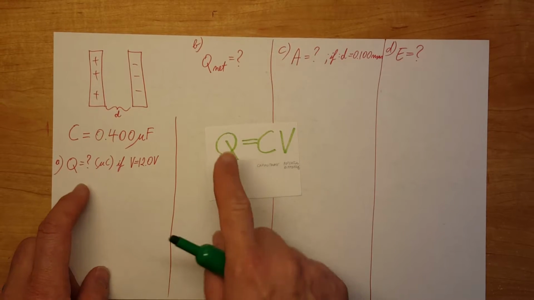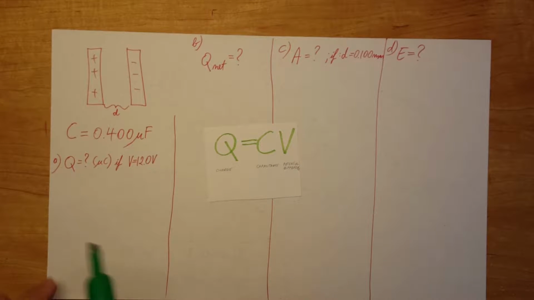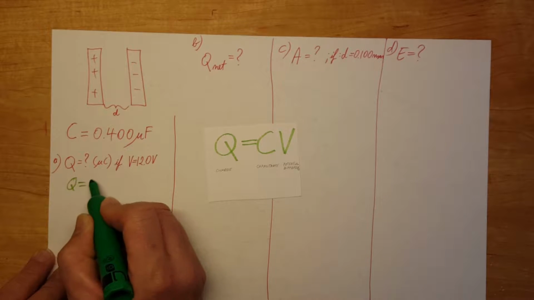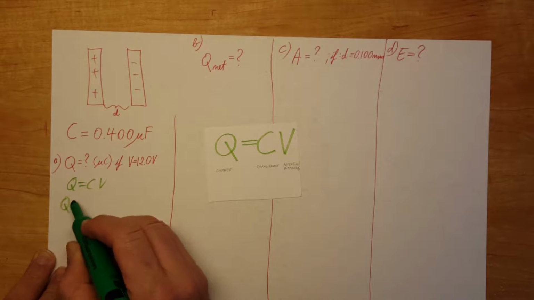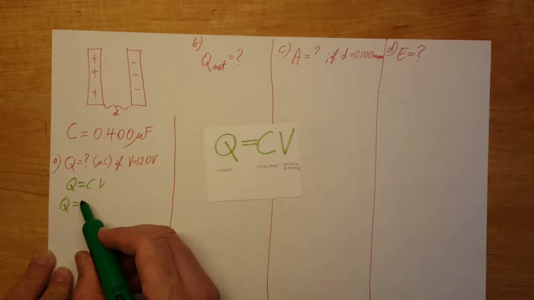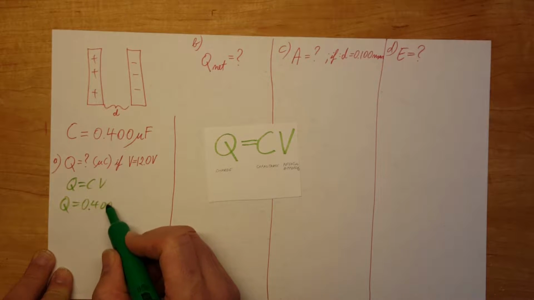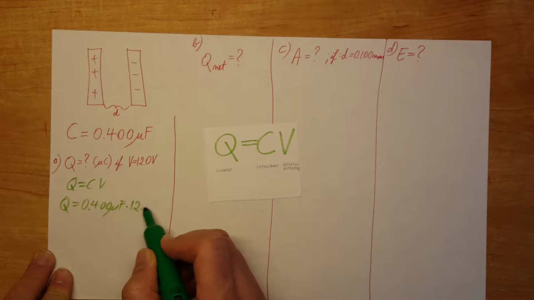be Q equals CV. Charge equals capacitance times potential difference. Here we are interested in the Q, so we can go ahead and plug our information in right away. 0.400 microfarads times 12 volts.